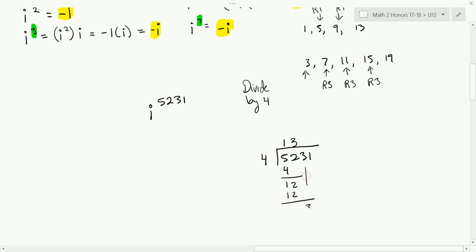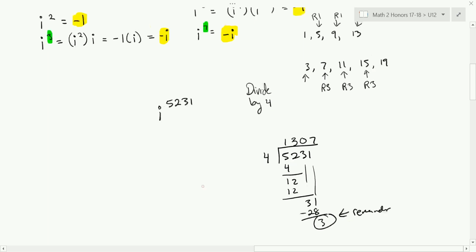Bring down the 3. 4 goes into 3 0 times. Bring down the 1. 4 goes into 31 7 times. Subtract. And there's your remainder. Okay, so it belongs to this second group. Isn't that easier than counting all the way down? Yes.